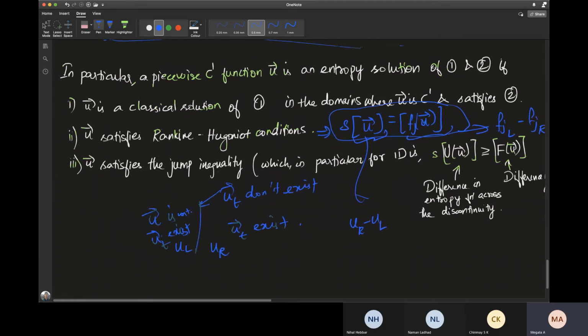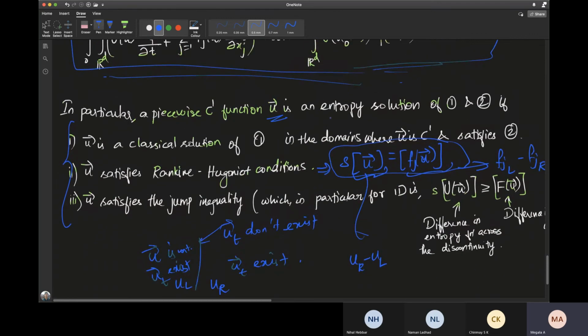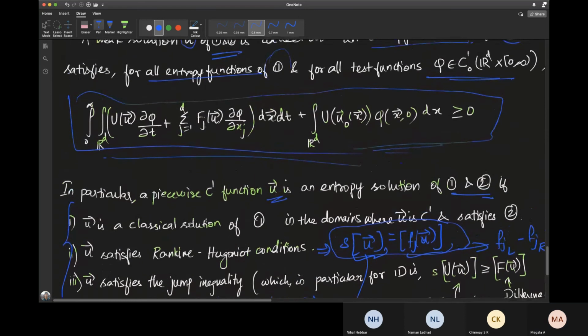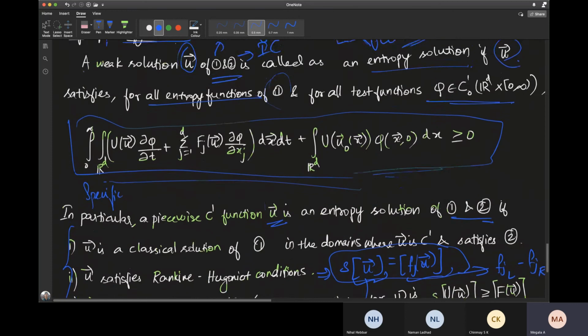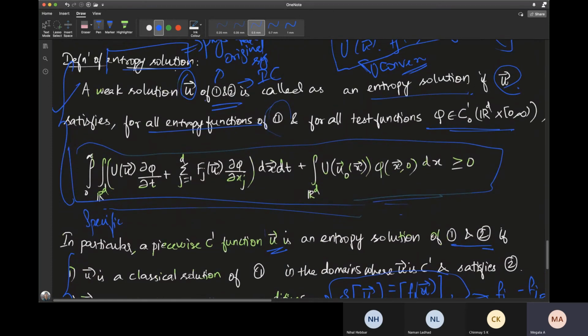So we require these three conditions to be satisfied to say that U vector is an entropy solution for 1 and 2. This is just some specific information obtained from this general definition. This general definition is common for all possible weak solutions of U vector.